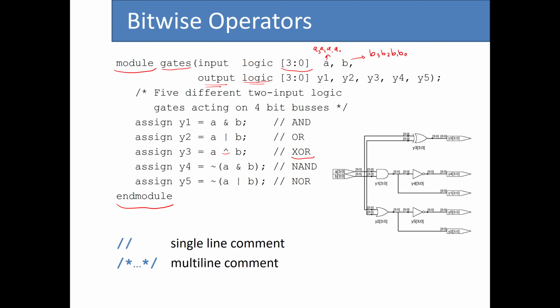As you can see, I'm using this assign keyword for all of them because that's what I'm actually going to do. I calculate the right hand side and I assign the value to the variable on the left. But one thing that you should notice is that before, whenever we did AND or XOR or any type of gate, we were applying them on individual bits, not on values that have more than 1 bit.